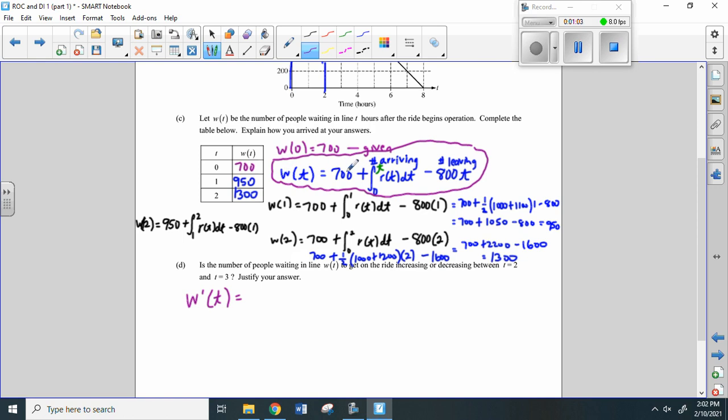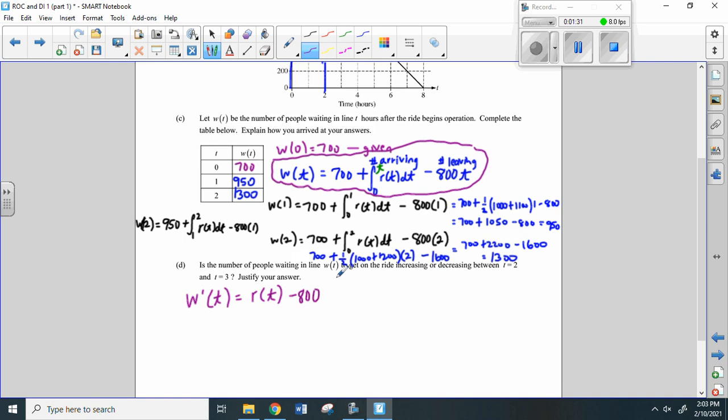So when I take the derivative of 700, that disappears. When you take the derivative of an integral, well, they basically undo each other, okay? And so when you take the derivative of an integral, the integral disappears and you're literally just left with the function, in this case, R of T. And then we have to subtract, and the derivative of 800t is 800.